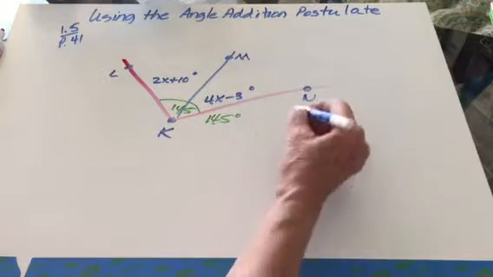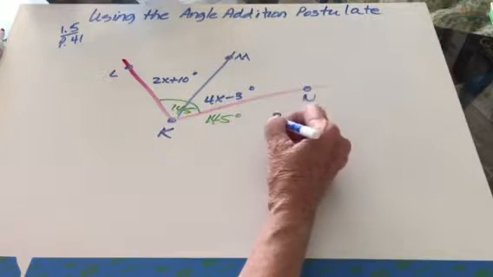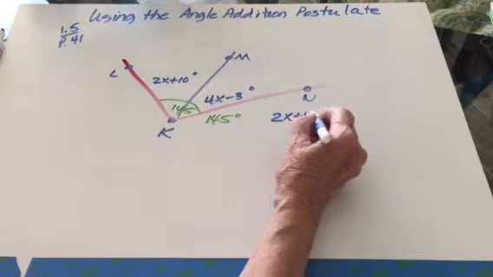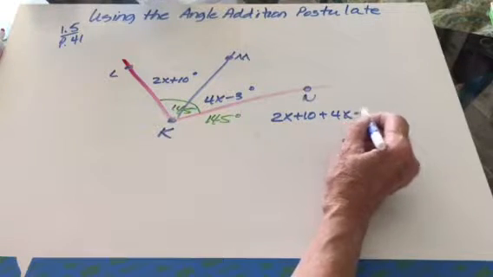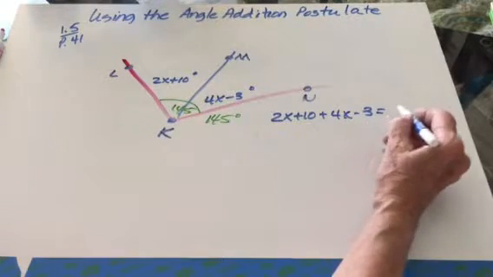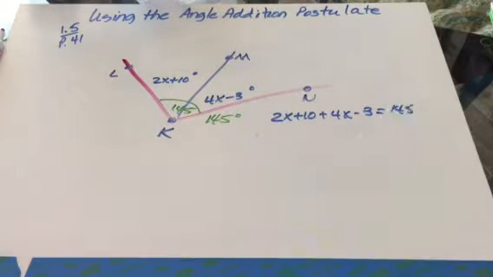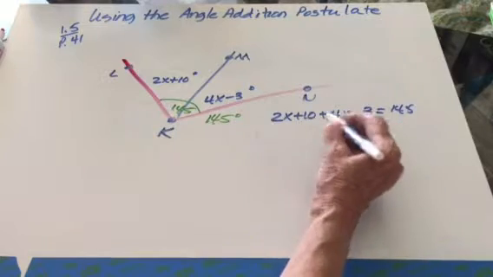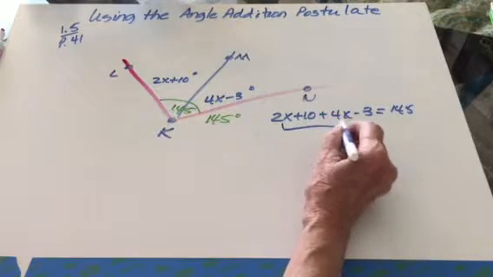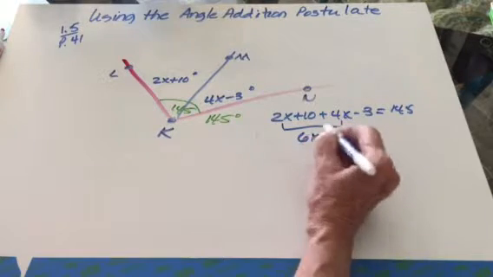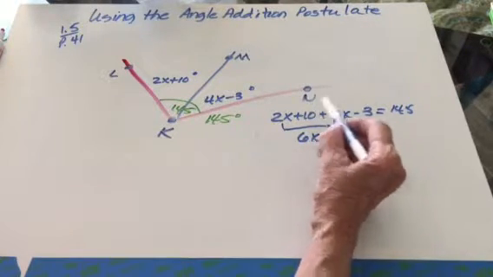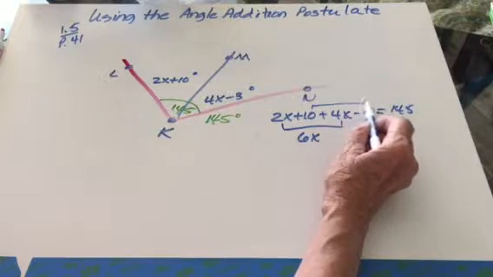So I know that 2x plus 10 plus 4x minus 3 is 145. I know that much. Now, before I solve this equation, I'm going to combine the things I can combine. So 2x plus 4x is 6x. And then I have a 10, and I take away 3.